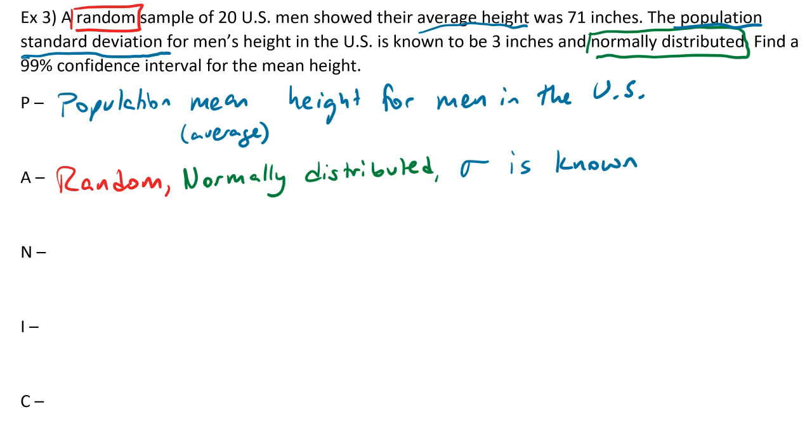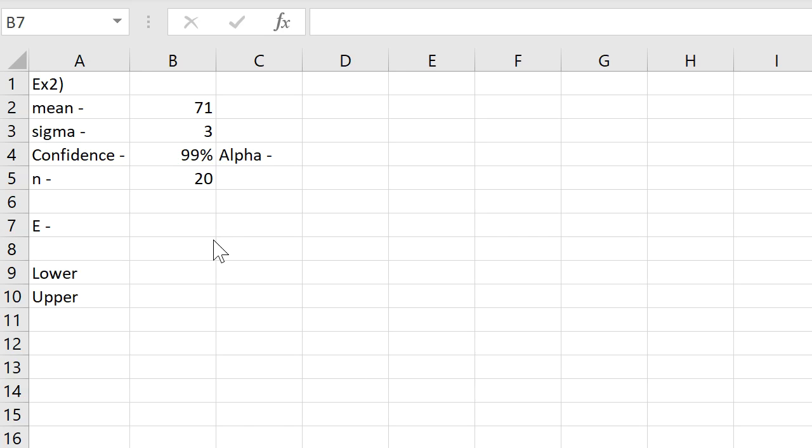All right, next up, we name our test. So since sigma is known, we are using the z-test. I is our interval, so we're going to head back to Excel. So in Excel, we have the stuff that's given in the problem, which this was example 3, not example 2.